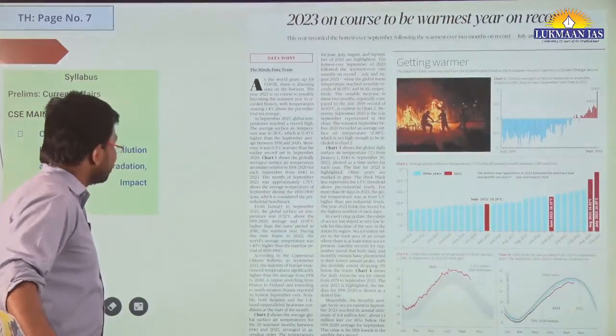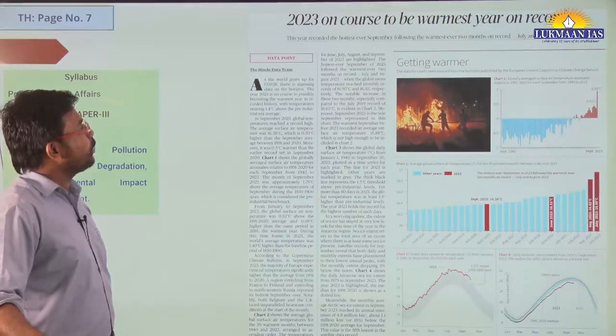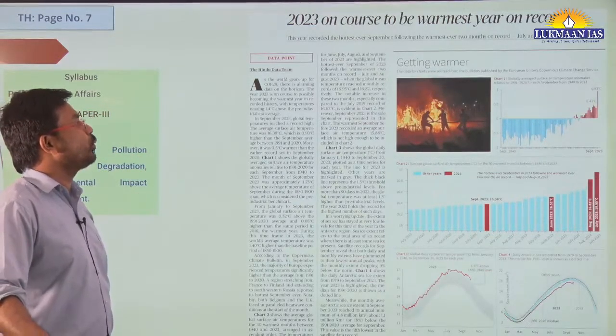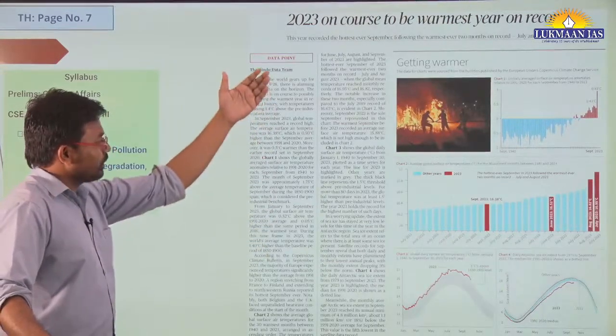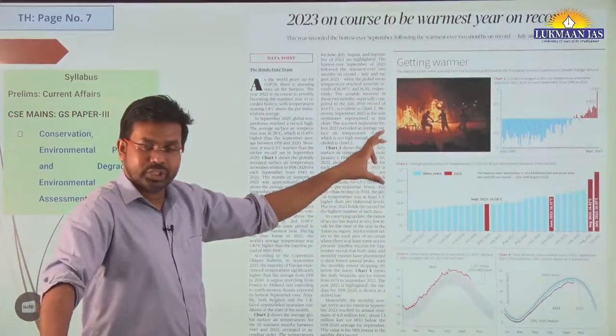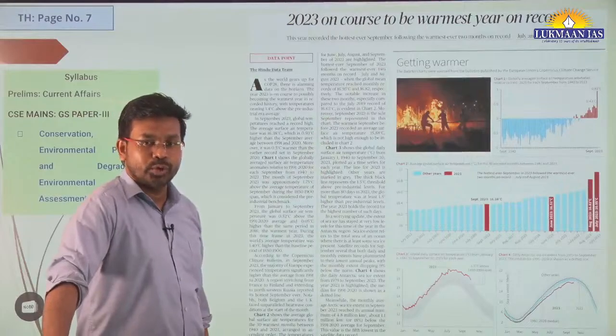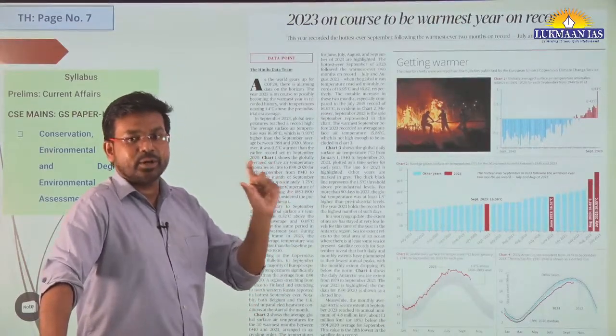Now, having understood this, let us understand another topic. It says 2023 on course to be the warmest year on record. In this article they have given various data points and charts, and these charts show that this year 2023 is going to be the warmest year on record.